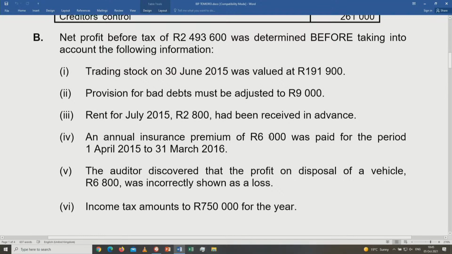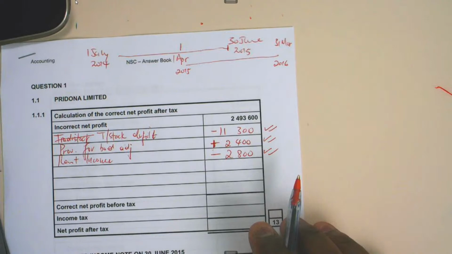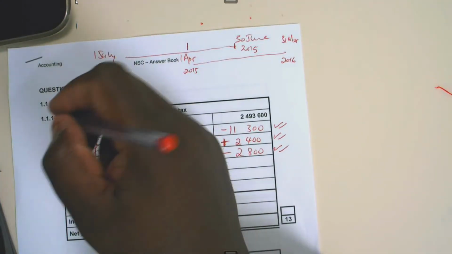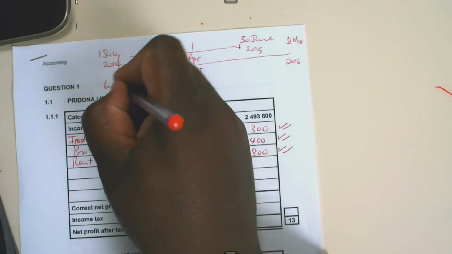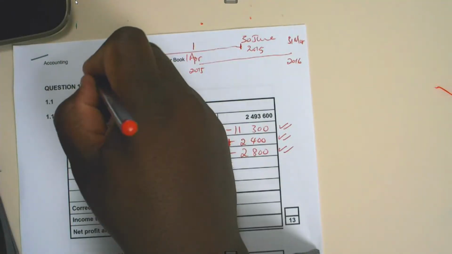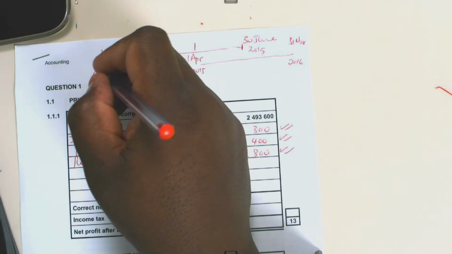Right. Now, let us quickly calculate the 6,000. You can divide that by 12 times by 9. This is for insurance.